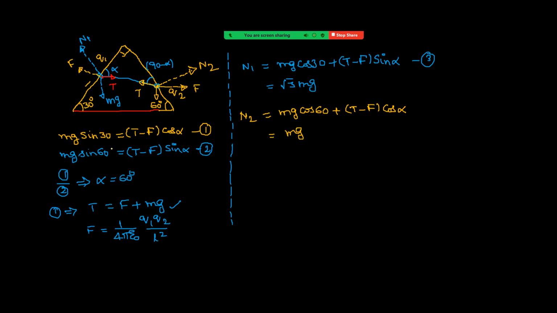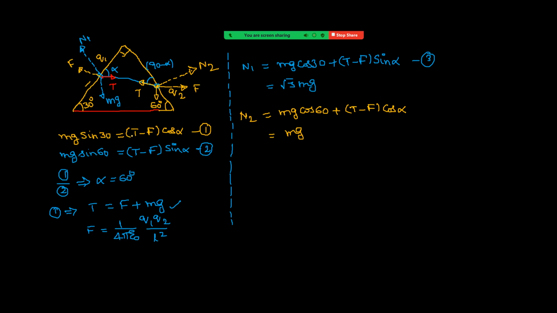Okay, so we got the value of alpha, and we got tension and the values of N1 and N2. And see the last one. If a string is cut, if beads remain in equilibrium, then their charges.